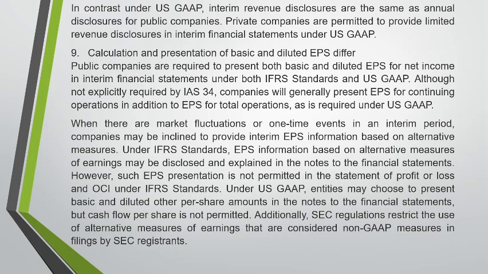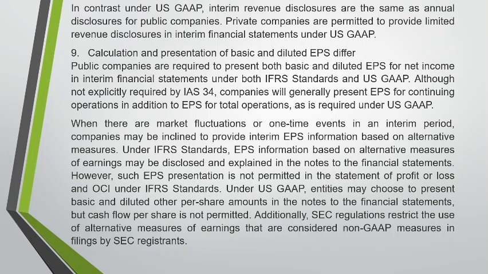When there are market fluctuations or one-time events in an interim period, companies may be inclined to provide interim EPS information based on alternative measures. Under IFRS standards, EPS information based on alternative measures of earnings may be disclosed and explained in the notes to the financial statements.